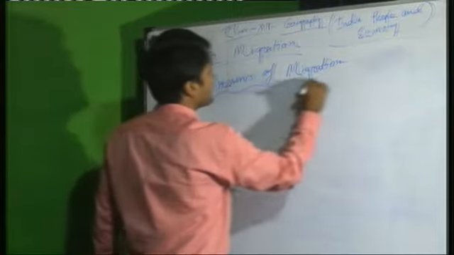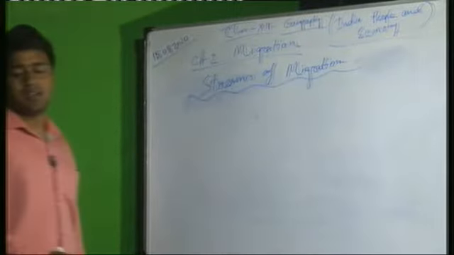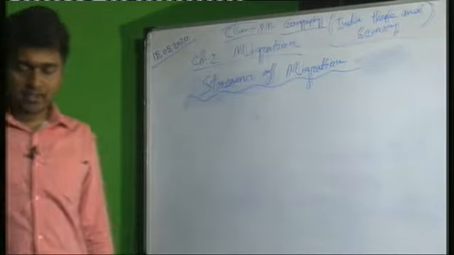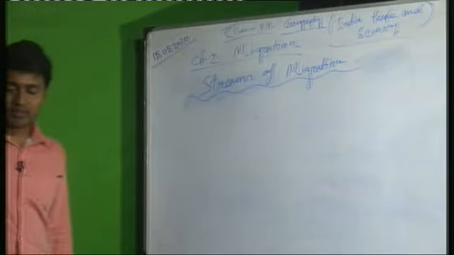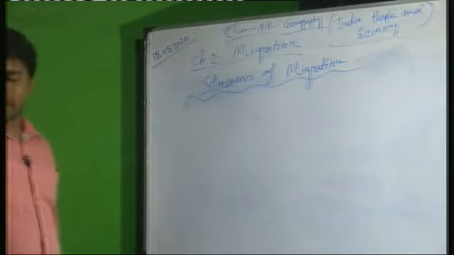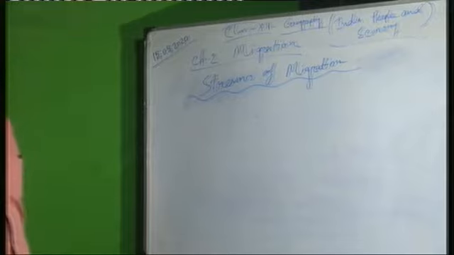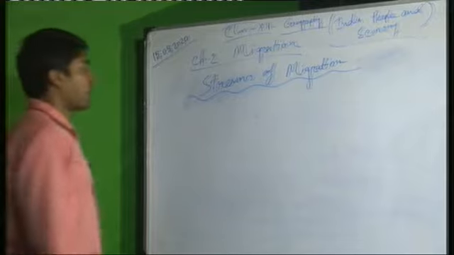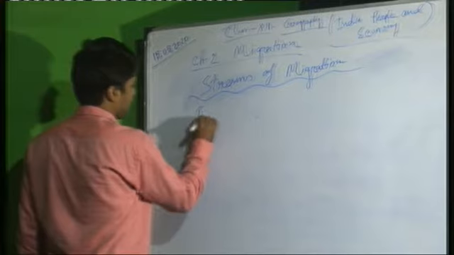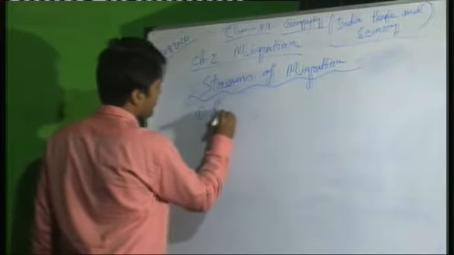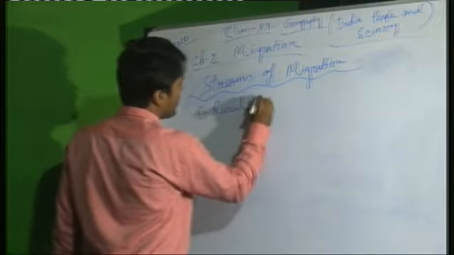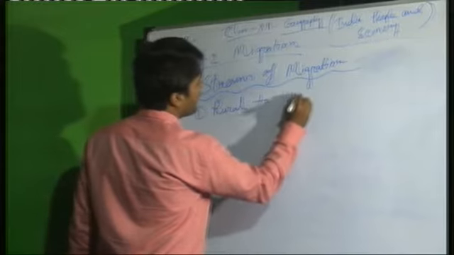Stream of migration. The stream of migration is also very important because there are four streams. First, rural to urban.